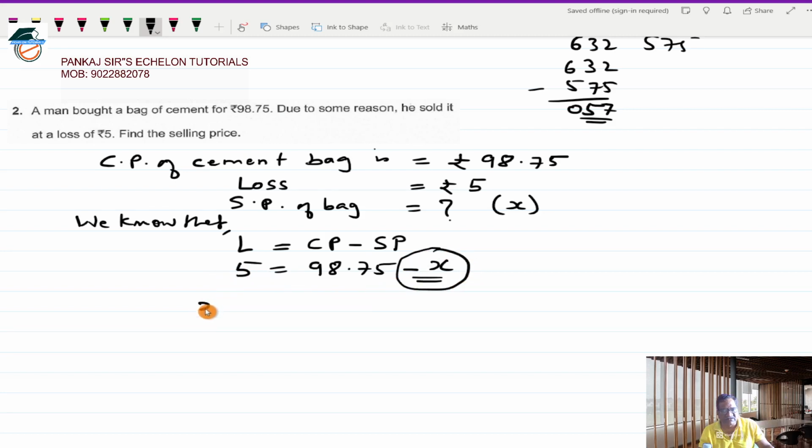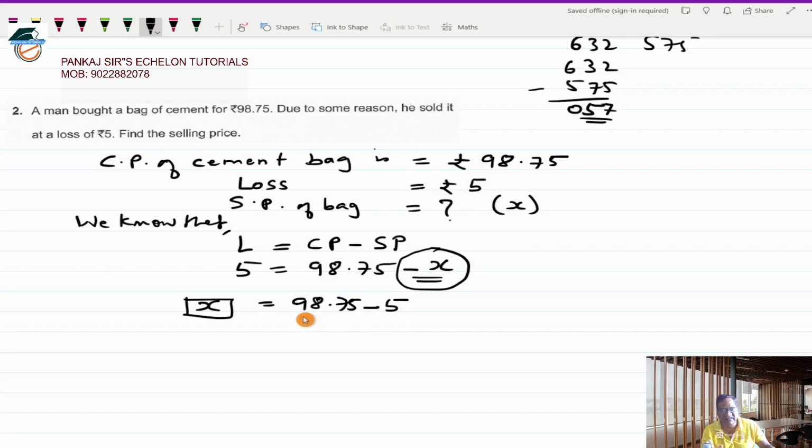So it will become plus X over here. Now this 98.75 I'm keeping here only. And this plus 5, I'll have to bring it on this side, so it will become minus 5. Now by doing all this, I have made X the subject because I wanted to find the value of X, the selling price. So this is how you have to do the transposition.